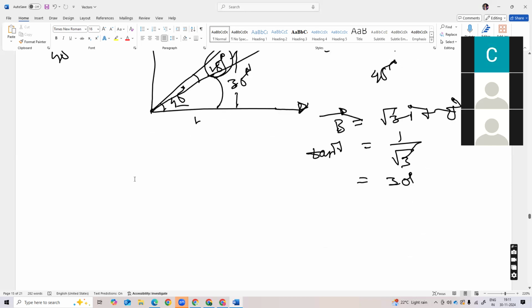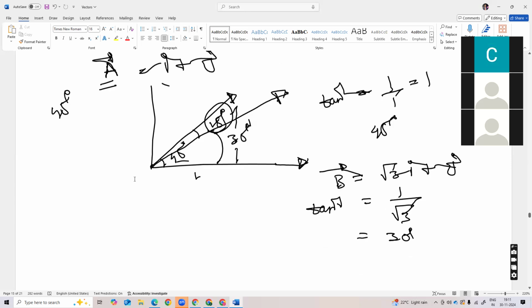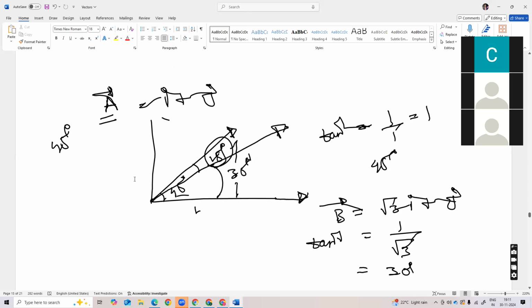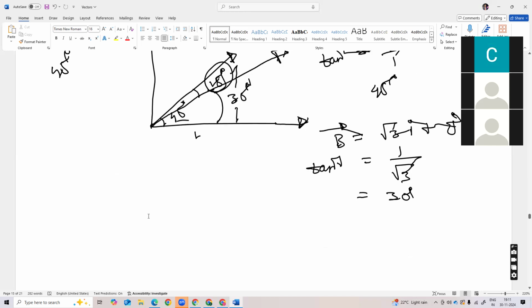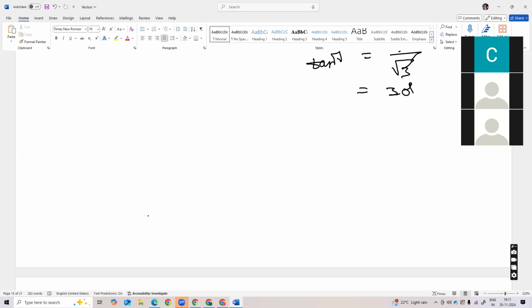If we have to find the magnitude of the resultant of A and B, let's say the resultant is R, its magnitude is basically root of A square plus B square plus 2AB cos theta.